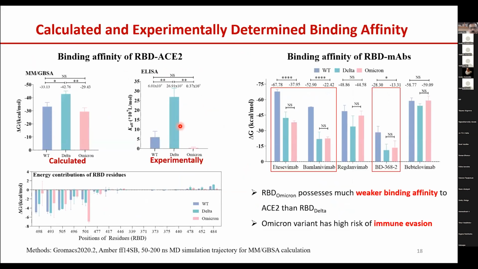Then we performed the MD simulation again. Here is the predicted binding free energy for the Omicron. Omicron has significantly weaker binding affinity to hACE2 in comparison with Delta, and it has a binding affinity to hACE2 similar to the wild type.